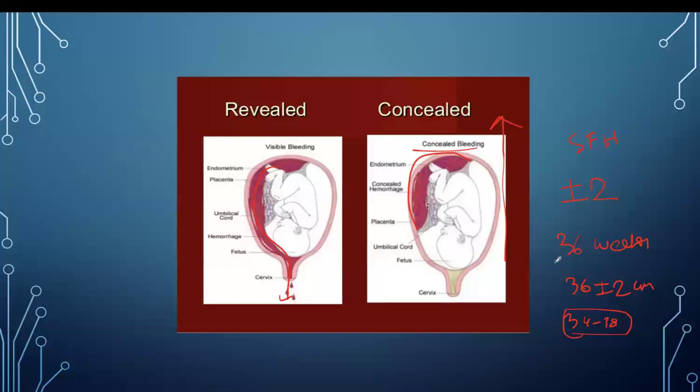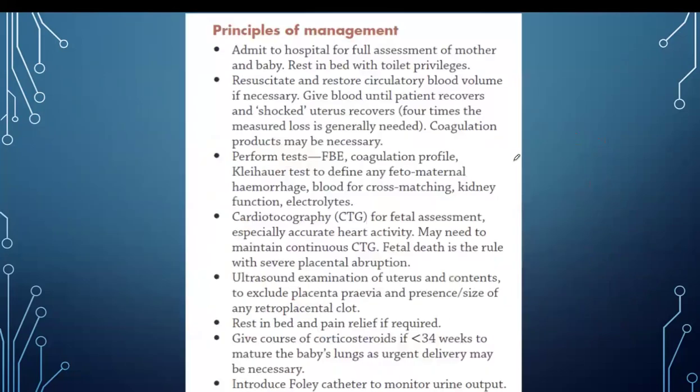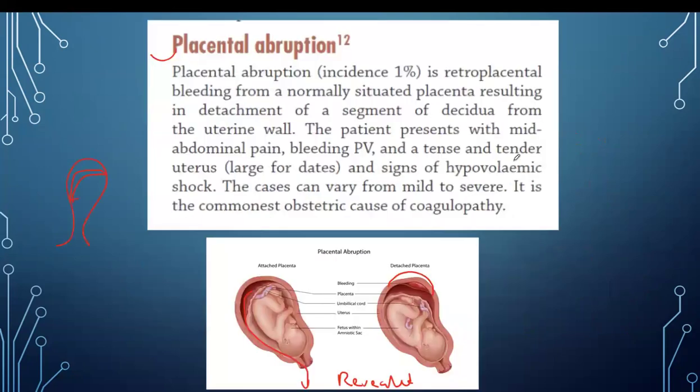But in this patient, at 36 weeks, there can be maybe even a 40 centimeter symphysiofundal height. So when that is the case, you will be concerned. For the concealed variety, the uterus size will be bigger. The uterus will be very tense because of all the blood collecting, and it will be quite tender. So it is painful, unlike placenta previa, which is painless.